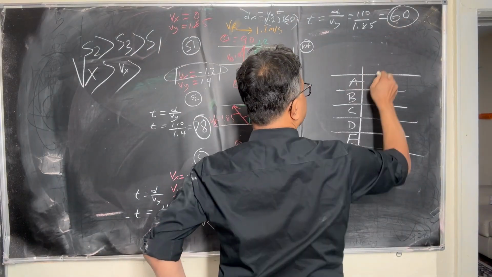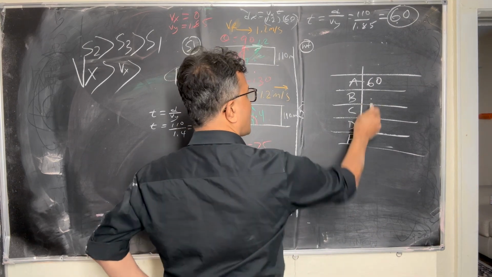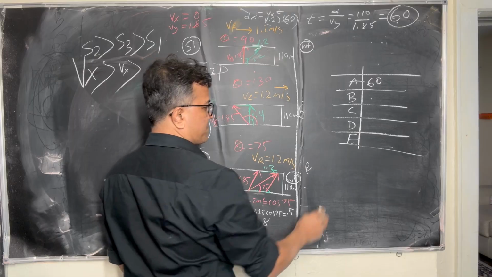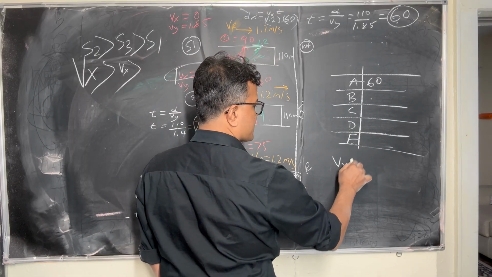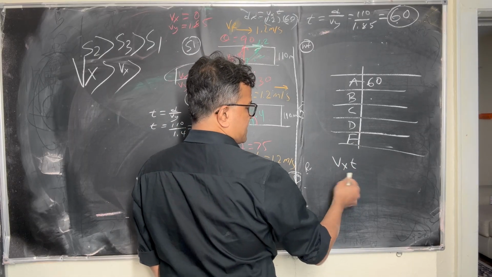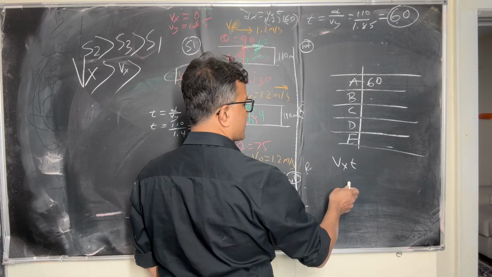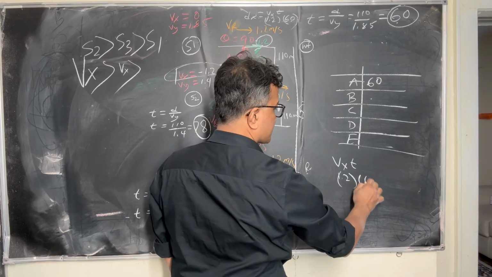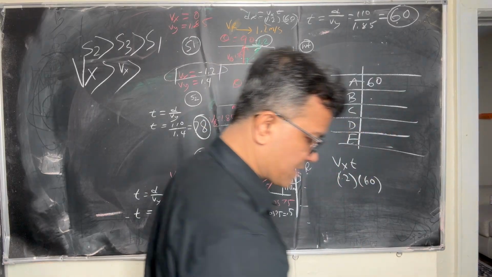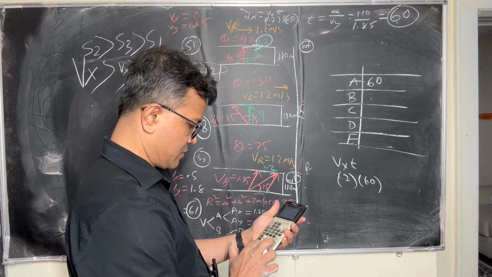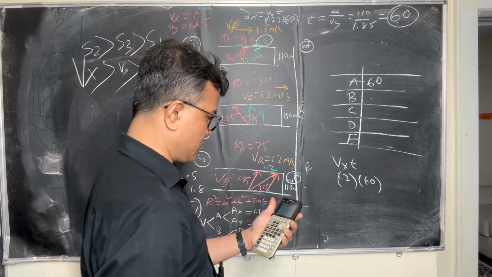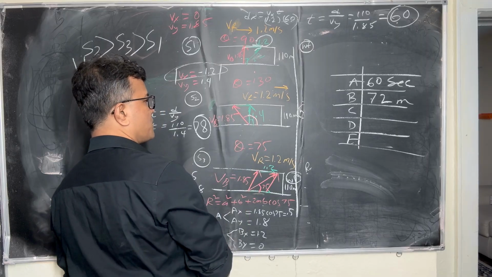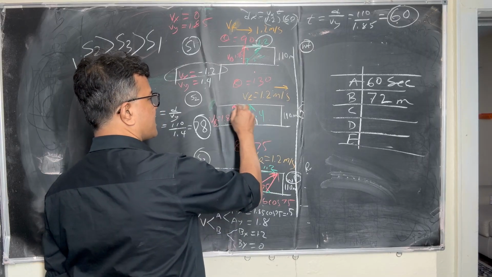That is how far downstream the swimmer ended up. So Vx t is like a range. Vx is 1.2 and t is 60, so 1.2 times 60. I should be able to know it without the angle. So he ended up at the dock.